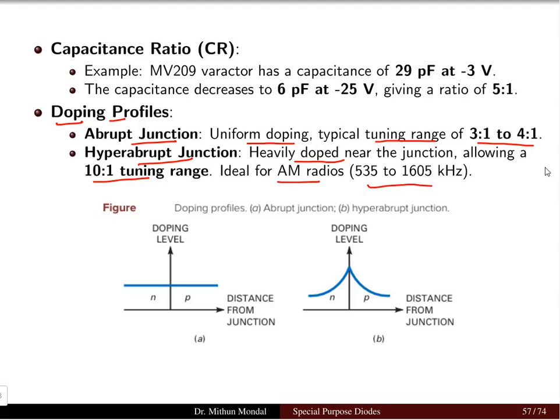In figure A, the abrupt junction shows doping level against distance from the junction as a straight line, whereas the hyperabrupt junction gives a curve representing an exponential increase or decrease.